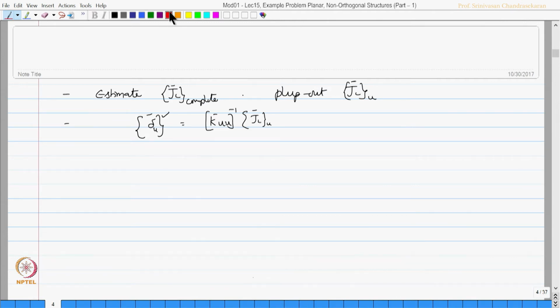Friends, it is very evident and you will understand and agree, delta bar R of the system will be a null vector. It will be 0 for the restrained degrees of freedom.